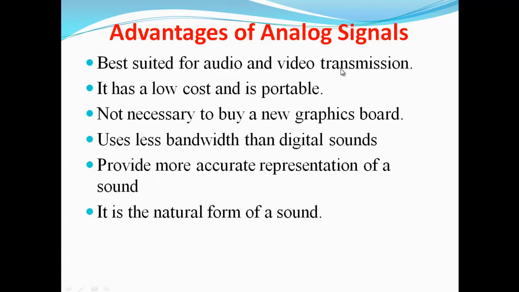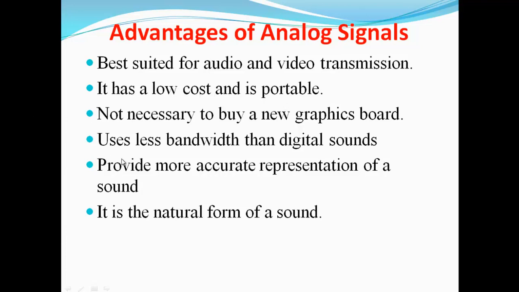Next, advantages of analog signal. It is the best suited for audio and video transmission. When we want to transmit any kind of data from one place to another, like audio and video, this signal is the most suitable. It has a low cost and it's portable.